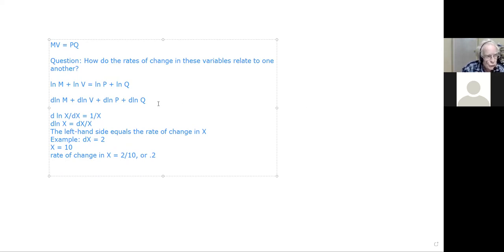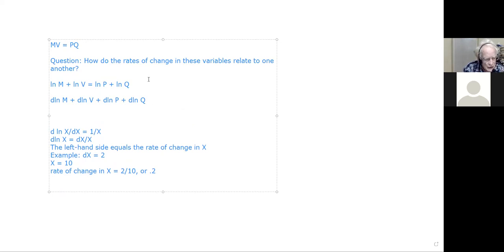We have from this relationship right here that the rate of change in money plus the rate of change in velocity is equal to the rate of change in prices plus the rate of change in quantity. This would be an equality sign. I'm going to denote the rate of change as a percentage times d.